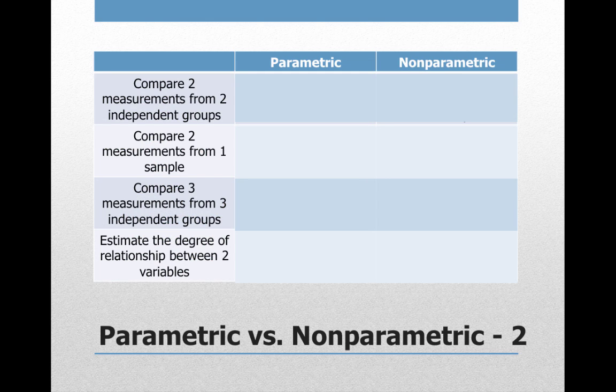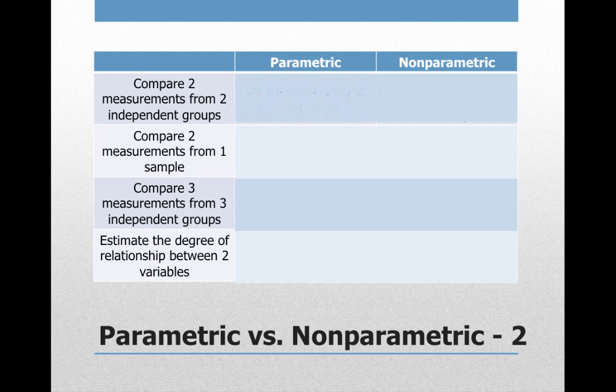So let's take a look at comparing parametric statistics and non-parametric statistics. So when we're comparing two measurements from two independent groups, can you recall what test that is that we're doing? We've learned this particular test. When we're comparing two measurements from two different groups. Do you remember what that is?